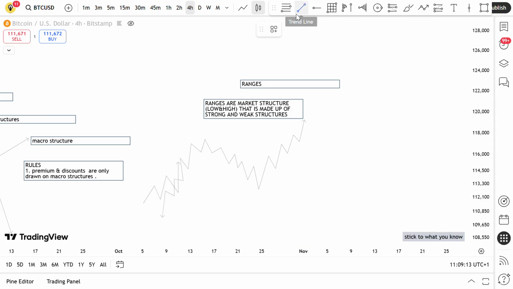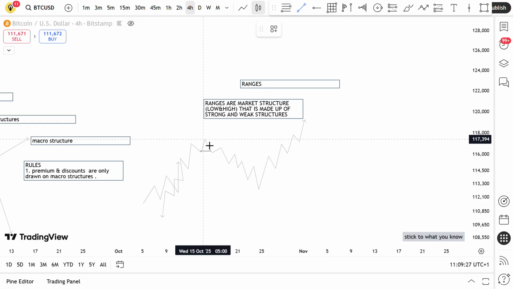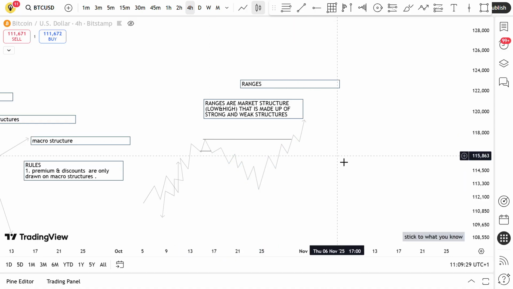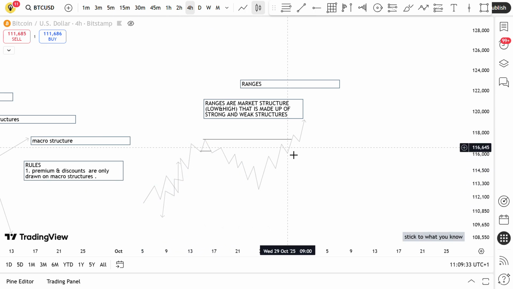Is one that takes, once this liquidity has been taken out. Strong structure when in a range. The strong structure is the one that takes out liquidity. So this takes out liquidity and goes on to make a high. Once this high has been broken, this becomes a strong structure, strong low.